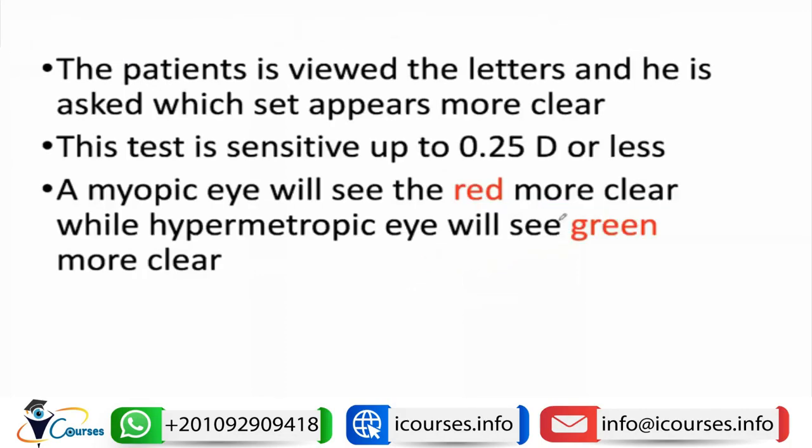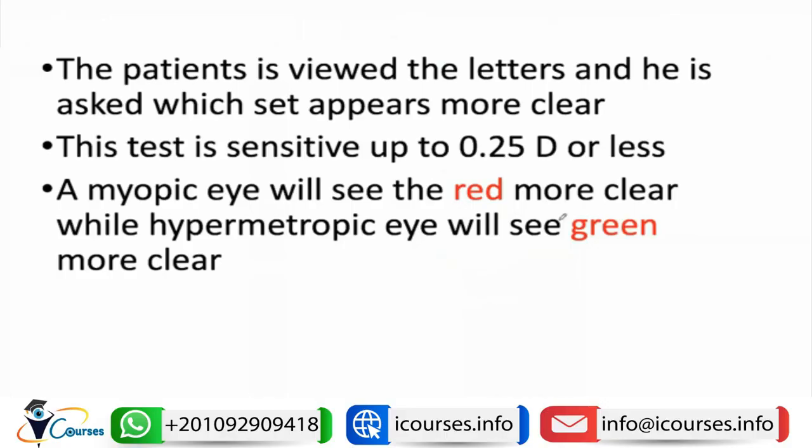So how can this test be performed? The patient views the letters and is asked which set appears clearer. If the patient reports that the red appears clearer, this means that the patient is more myope. If the patient says that the green is better or clearer, then the patient is more hypermetrope.